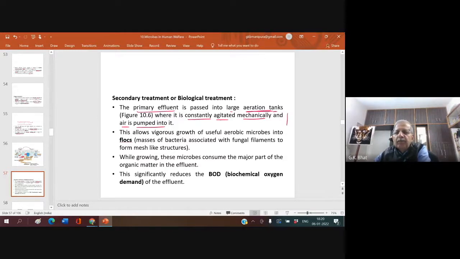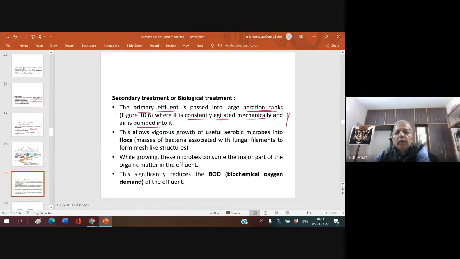Very, very important. So this primary effluent, a clear supernatant, is passed into a large aeration tank where the effluent is constantly agitated, shaken, and also air is pumped into it.